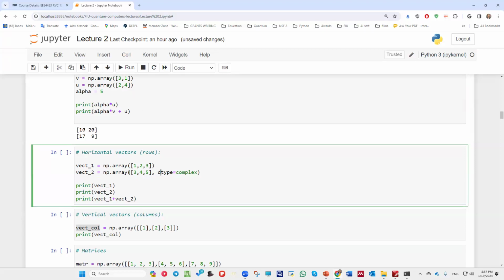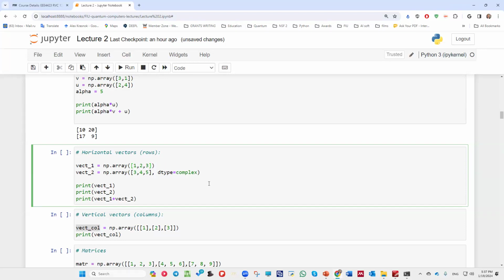And here in this piece of code is an example of another 2 vectors, also with horizontal orientation, or row vectors, right? And if I write more components here, I can create a vector of any dimension.